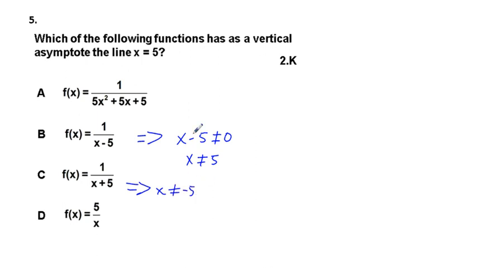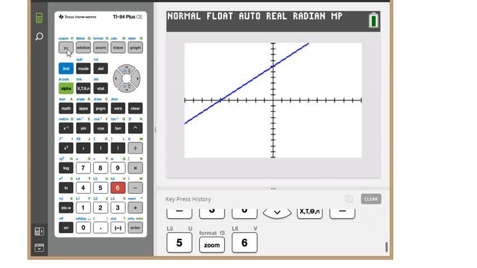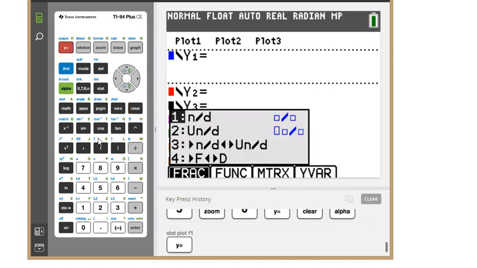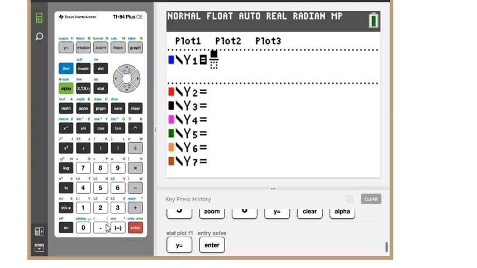Yes, our vertical asymptote is going to be x equals 5, and there's really no excuse with the calculator in hand why you would not get this right. Why would you not take the time to verify 1 over x minus 5? Yeah, x minus 5.